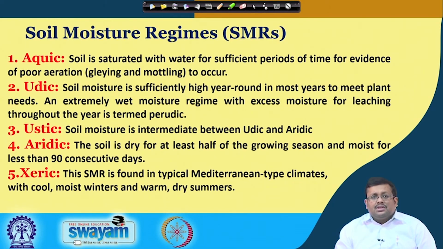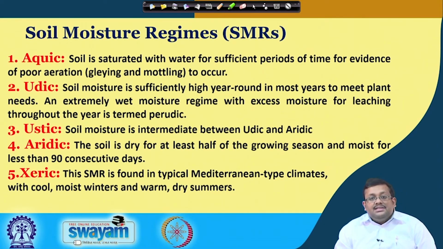The third one is called ustic, which is soil moisture intermediate between udic and aridic. Now, what is aridic? Aridic is the soil moisture regime which you can see in the arid region. When the soil is dry for at least half of the growing season and moist for less than 90 consecutive days, then we call it aridic soil moisture regime.